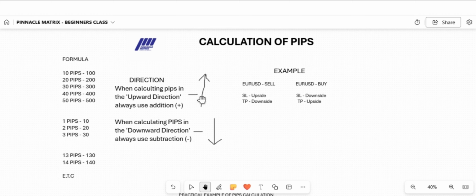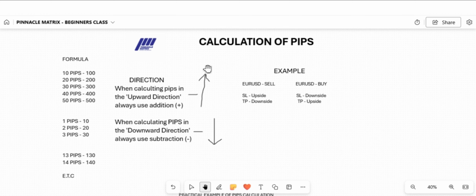Then if you are calculating the pips downwards, to the downside, we are going to be using subtraction, popularly known as minus. So we're going to be using subtraction to calculate pips in the downward direction, addition for the upward direction. So let's use an example.